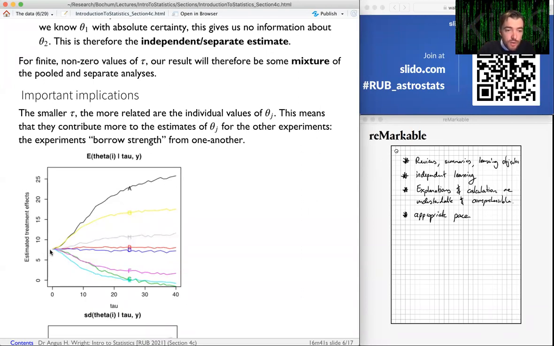At a value of 0, it converges on the pooled estimate. And the distribution in the middle is some mixture of the two.